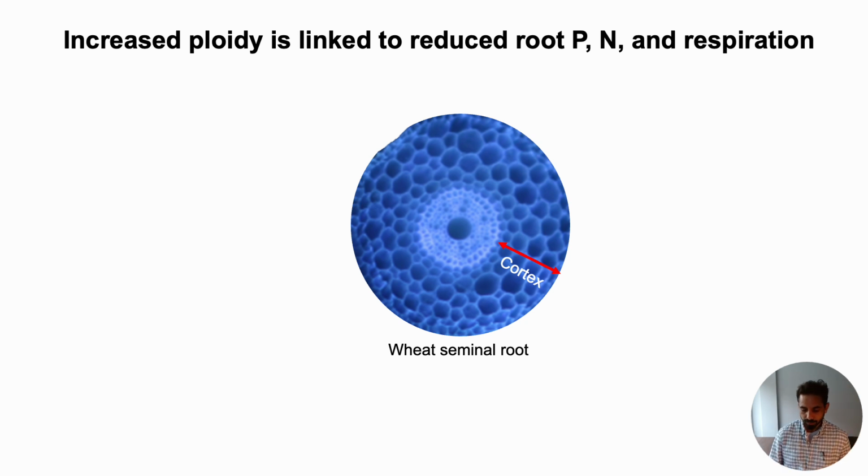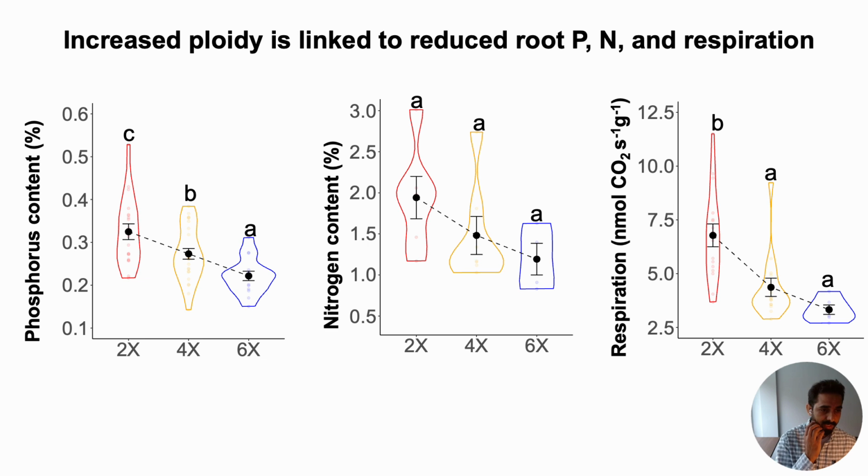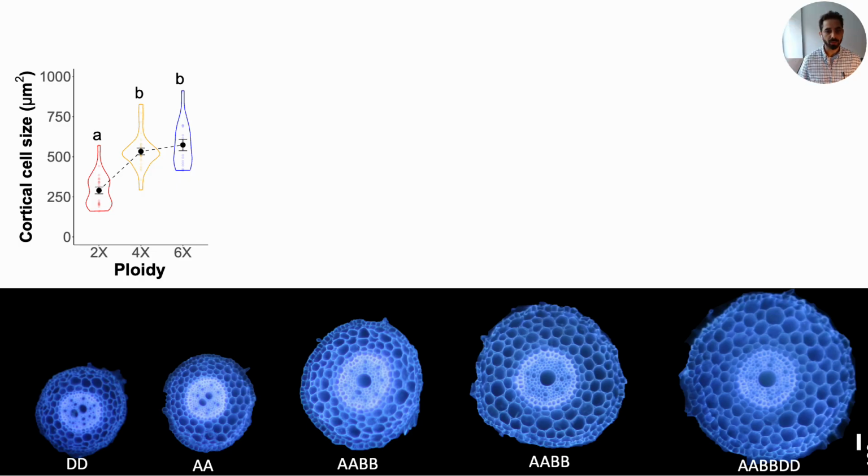with that. And contrary to what we hypothesized, increase in ploidy led to decrease in phosphorus content, nitrogen content, and root respiration. And when we took a closer look at the root anatomy, not surprisingly, as already reported in literature, there is increase in cortical cell size as ploidy increases.